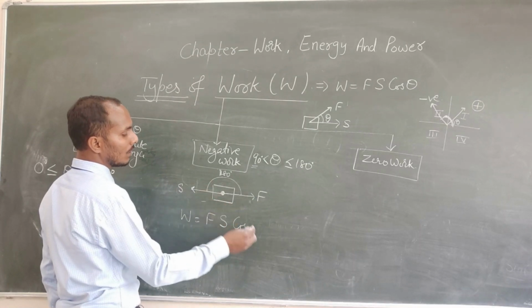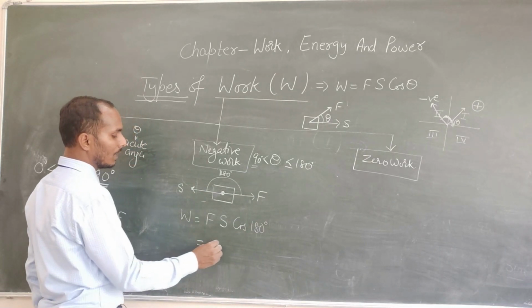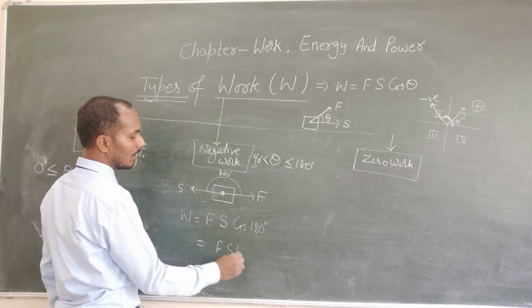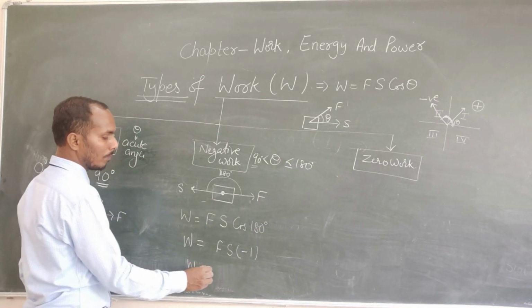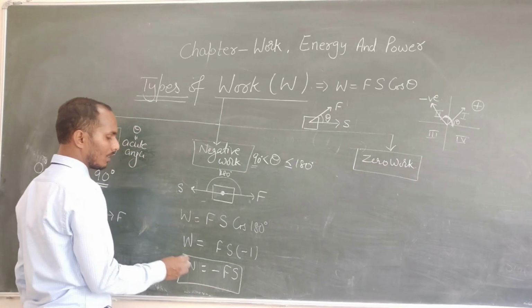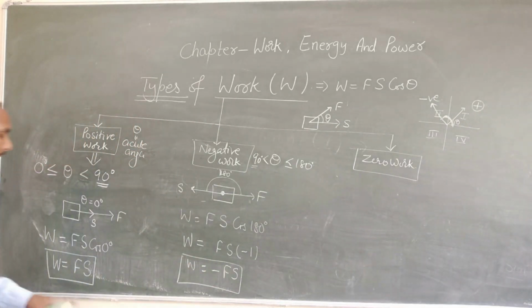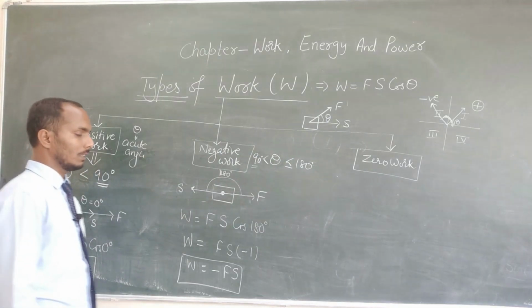Force and displacement are opposite to each other, so it is 180 degree, and it becomes Fs times -1. Work is equal to minus Fs. In the earlier case there was no sign, which means by default it is positive, +1. Here it is negative.